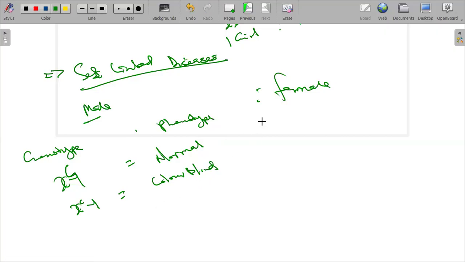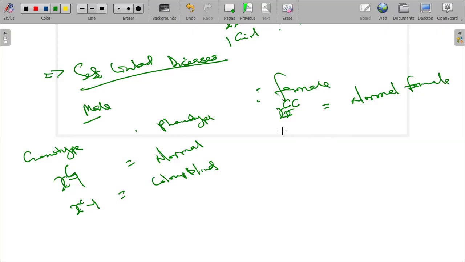And then the same applies in female. So we have two options for a man, a normal and a colorblind man. That is one thing you should know. And then in female, we have the genotype. If it is XXC, it means it's a normal female.